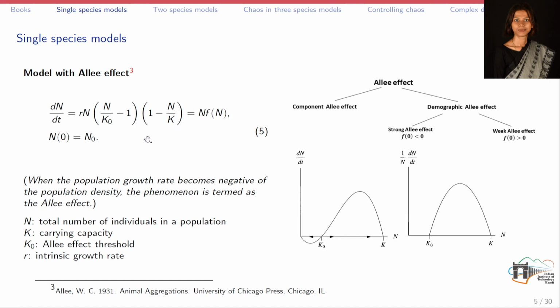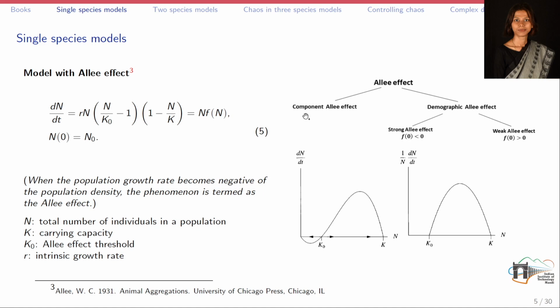The Allee effect can be categorized into two types: the component Allee effect and the demographic Allee effect.